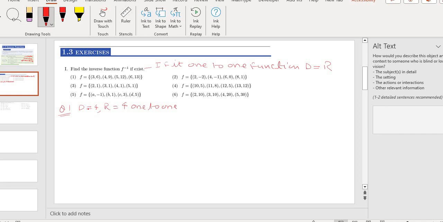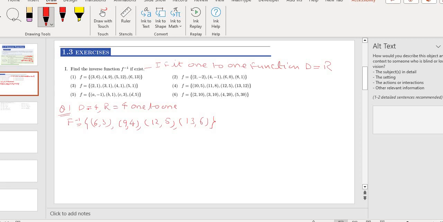If it is a one-to-one function, then f inverse is obtained by just changing the order of each pair: (6,3), (9,4), (12,5), (13,6). This is the answer of question number 1.